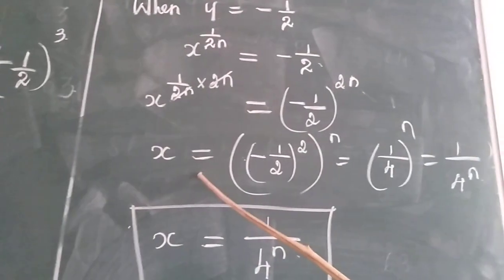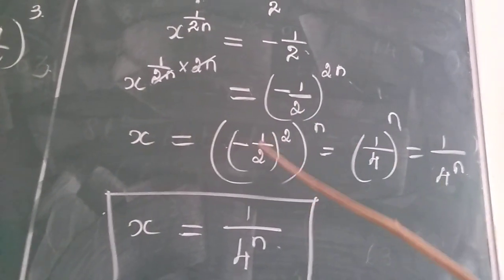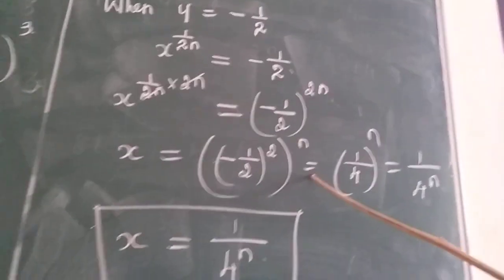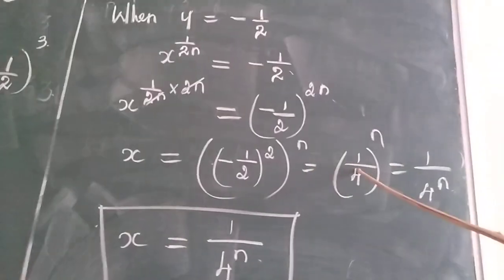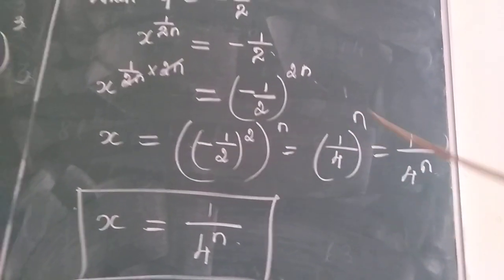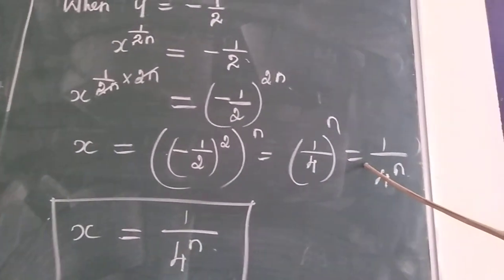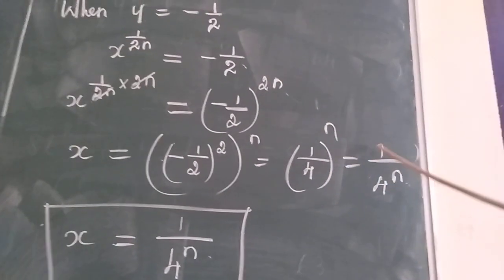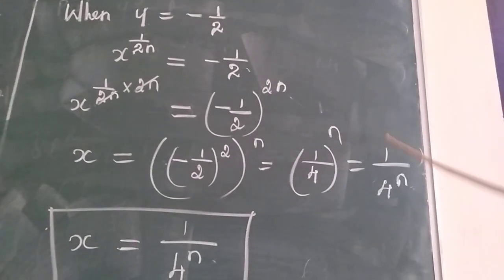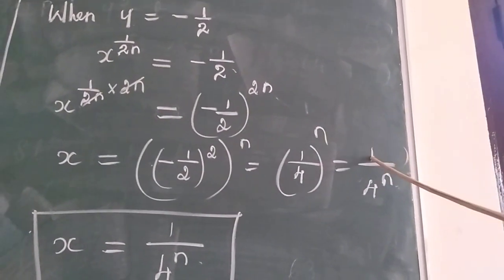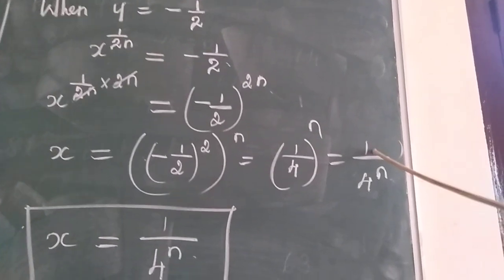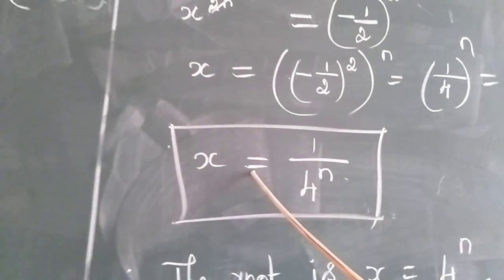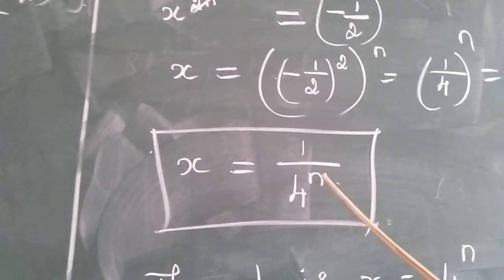Now x is equal to minus 1 by 2 the whole square, the whole to the power of n. When you square a negative number it will become positive. So we got 1 by 4 the whole power n, that is equal to, if you put the power n for both numerator and denominator, 1 to the power n divided by 4 to the power n. Here 1 to the power n is 1, and 4 to the power n remains. So we found another value of x is equal to 1 by 4 power n.